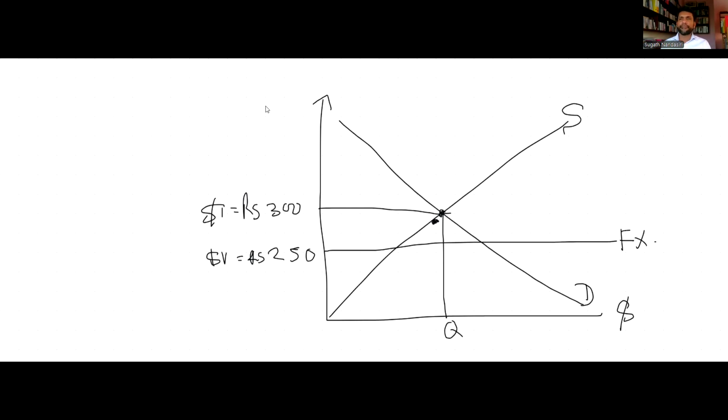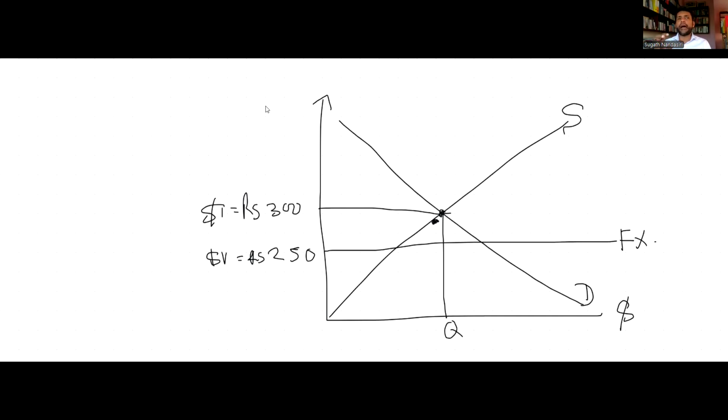Now I'll repeat. Under the floating exchange rate system, the exchange rate is determined by demand for foreign currency and supply of foreign currency of the market. It is the real rate. It is the real value of your currency in terms of foreign currency. But under the fixed exchange rate system, financial authorities get involved in the market and decide the rate.